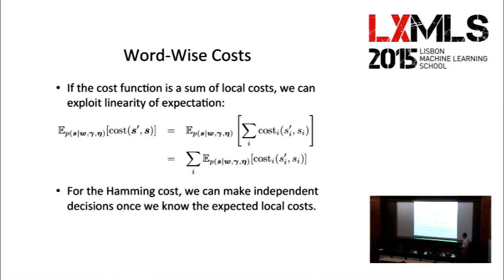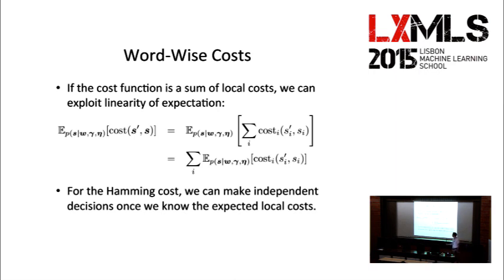That's kind of an interesting idea. But linearity of expectation says that when I have an expectation of a sum, I can recalculate it as a sum of expected values. And that's what lets me separate out the decisions about each of the words and minimize this expectation in each position separately. So you can make independent decisions for the Hamming cost once you know the expected local costs. And you get those with forward and backward.